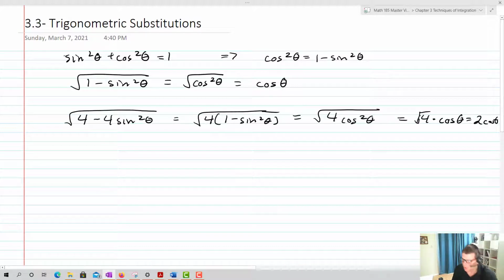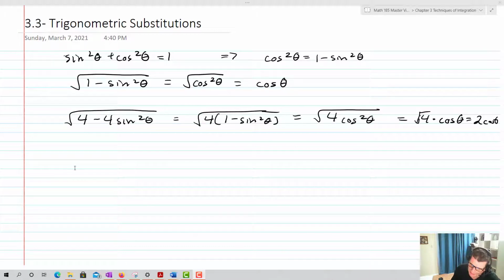So we might have some coefficients that we can make some changes for, but inevitably I'm going to substitute cosine theta for 1 minus sine squared theta, and that gives me my trig substitution.